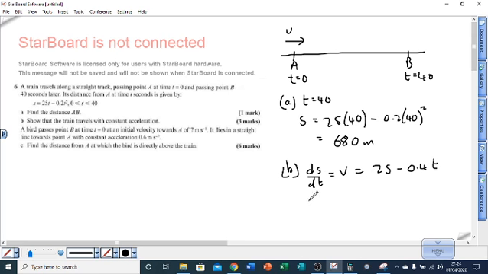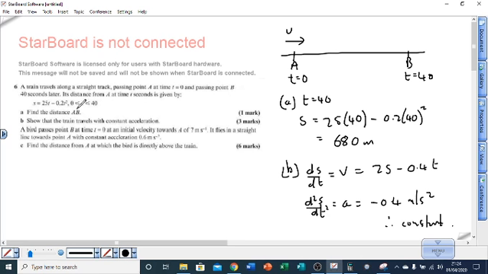Differentiate again with respect to t, and you end up with d2s by dt squared, which is the acceleration, equal to minus 0.4 meters per second squared, therefore constant.